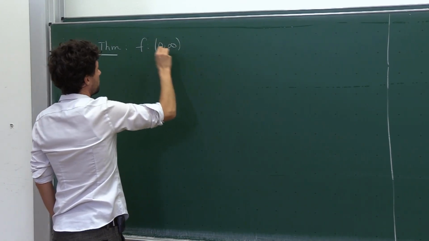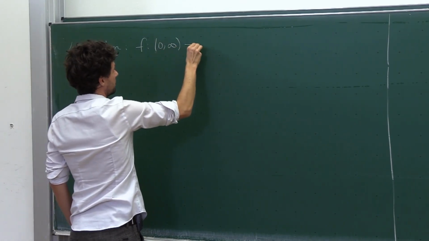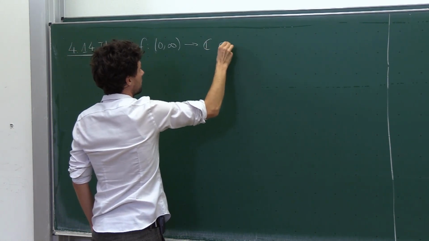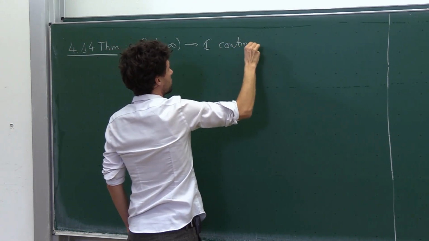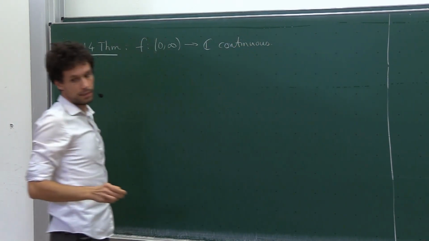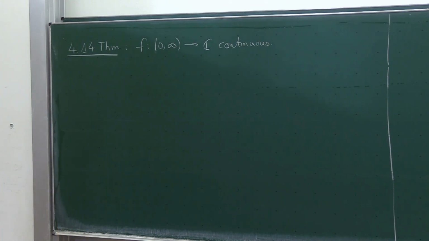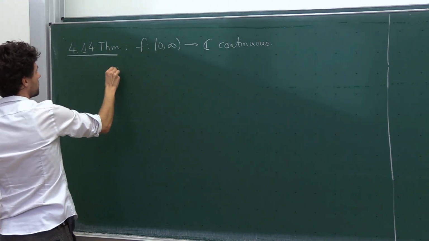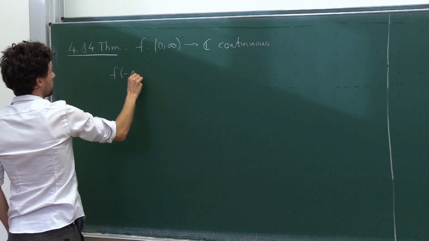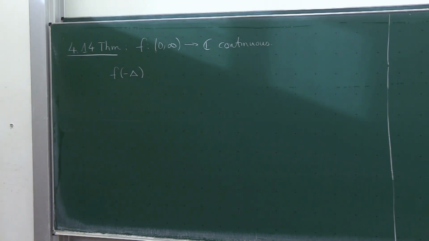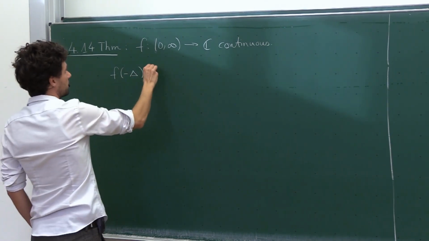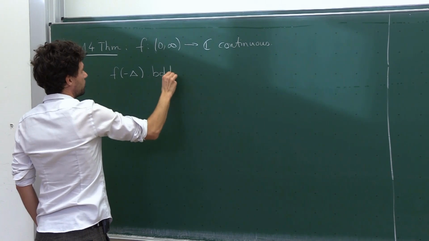So suppose f on the open interval 0 infinity to C is a continuous function. And I want to answer the question, under which conditions is f of minus delta a bounded operator on L2?